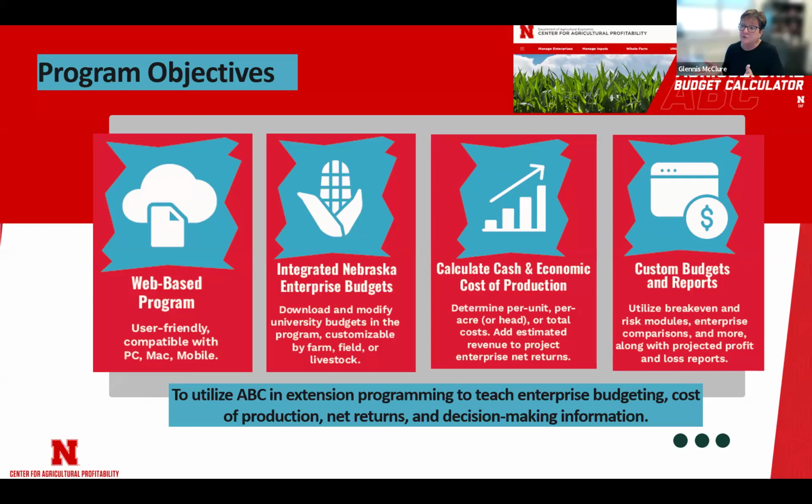So you could change your own figures in there, especially if you're using the ag budget calculator. It's easy to do that, but we kind of stick with a similar figure. So you're taking the value of your land times that investment rate of return to figure out opportunity cost, or what could you rent it for if you weren't farming it.